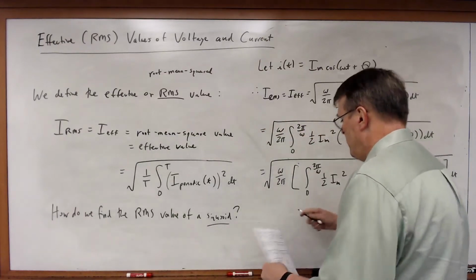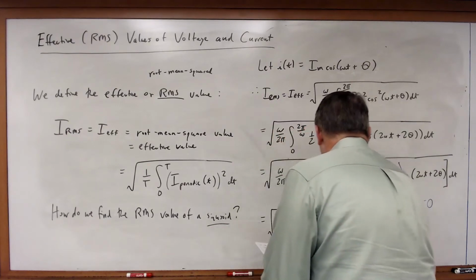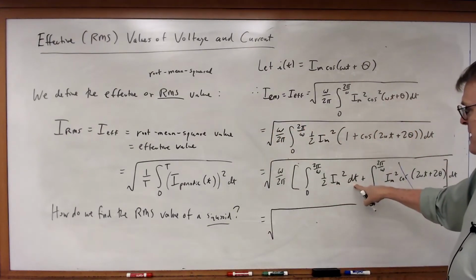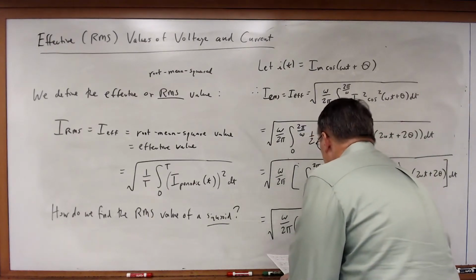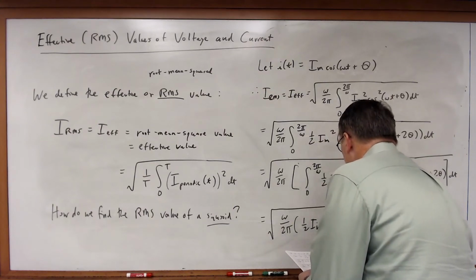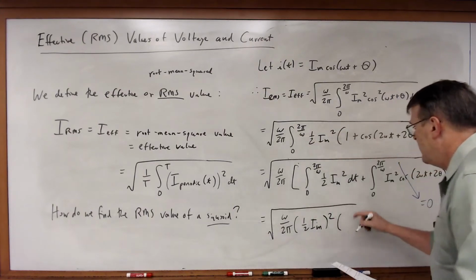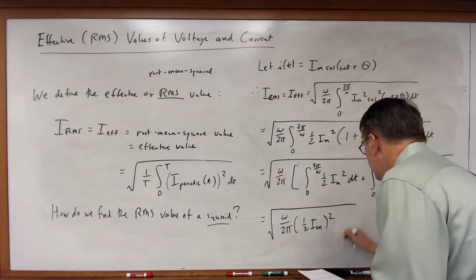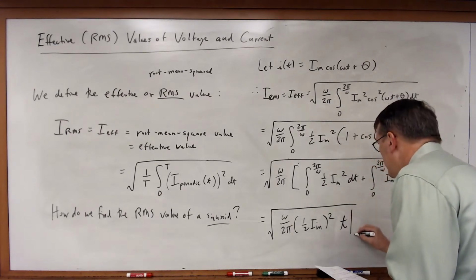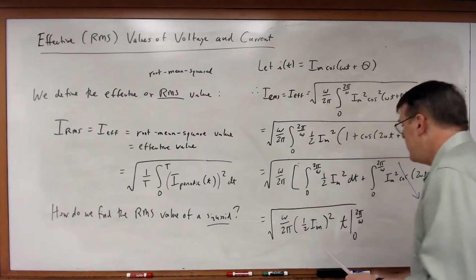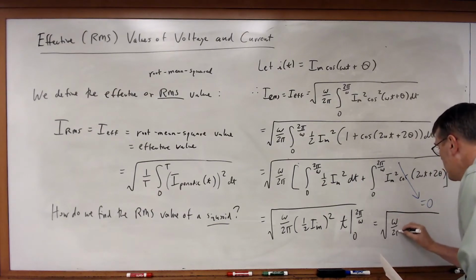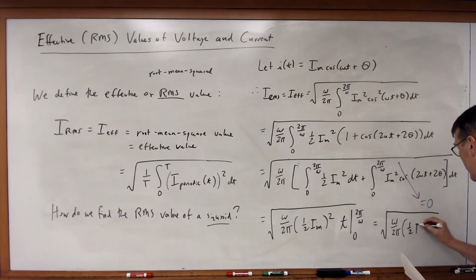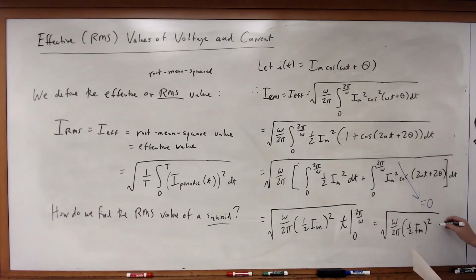In this case, this is just a constant times dt, so this will be equal to omega over 2 pi times 1/2 Im squared. We factor that out, and we evaluate t from 0 to 2 pi over omega, which gives the square root of omega over 2 pi times 1/2 Im squared times 2 pi over omega.